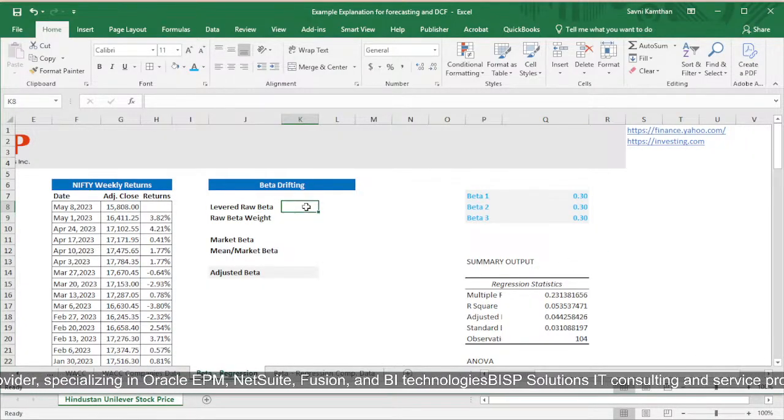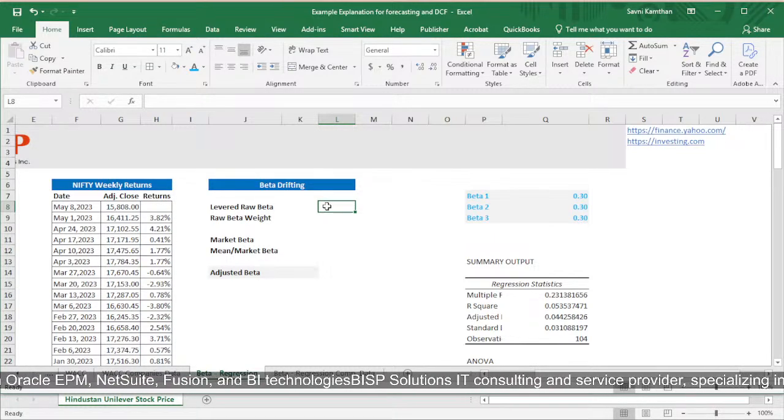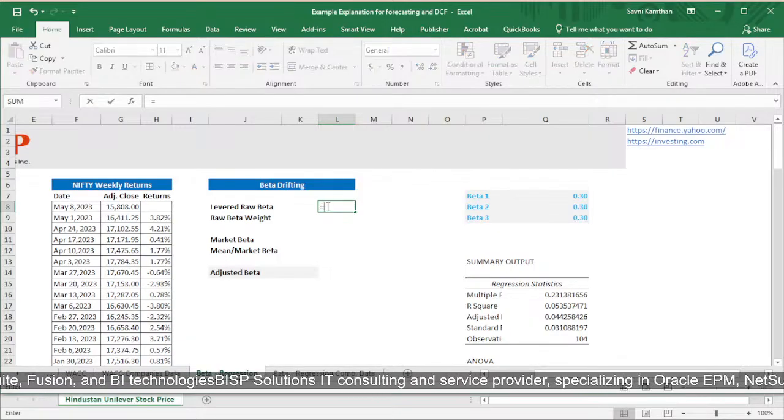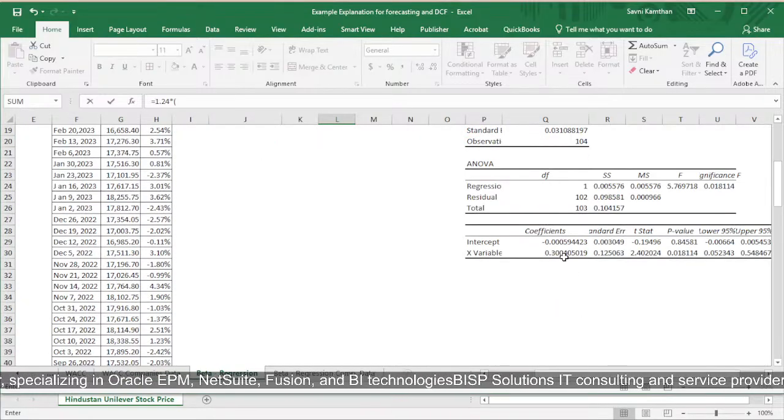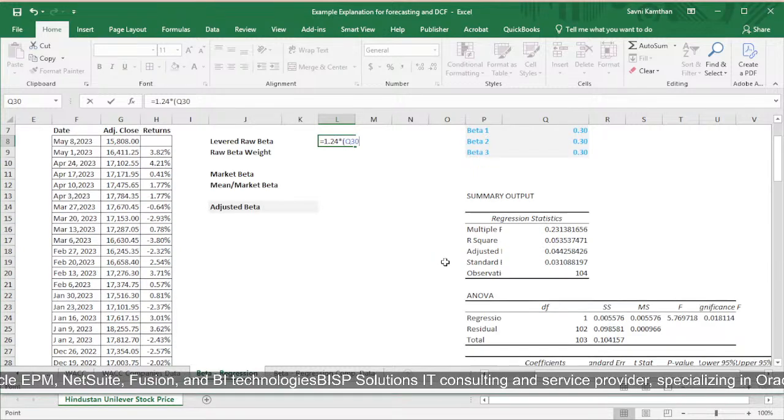So if we want to see beta drifting, for that we will be taking our levered beta. So for that we will be doing 1.24 into, which is this.